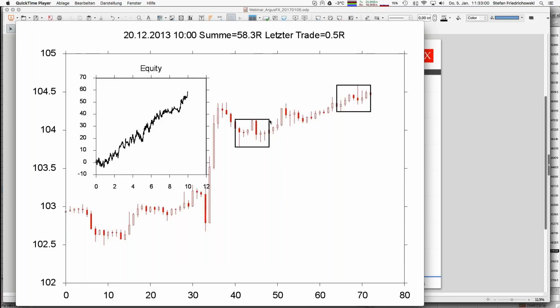By the way, those kind of movies I do not create only in order to illustrate something here for people like you, so let's call it for marketing purposes or something like that. No, I do that kind of effort simply to visualize how the strategy works, because that helps me to control myself, to see, does it work, does it not work, and is the logic right?